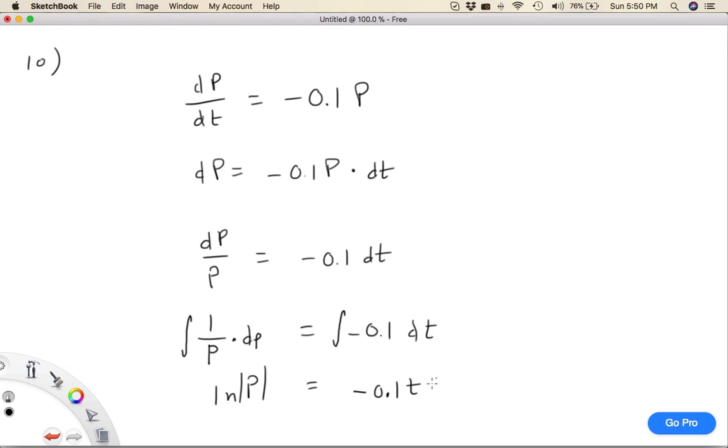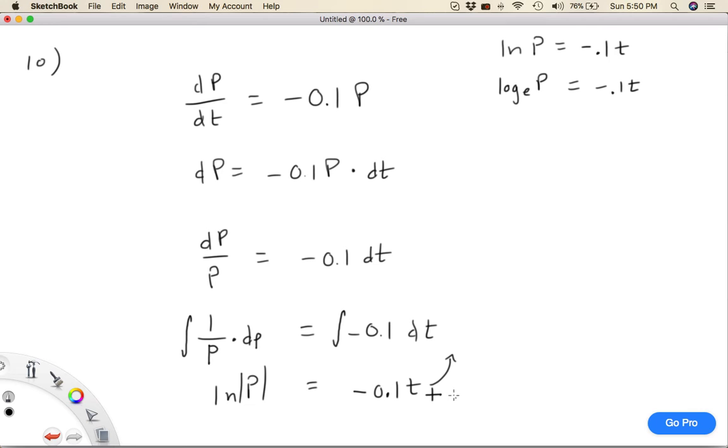Okay, I'm going to go back up to the top. So we have ln of p is equal to negative 0.1 t. Now this is actually a log base e of p equals negative 0.1 t. Ooh, you know what? I forgot the constant. There should be a constant on one side or the other. You don't really need two constants, even though we did two integrals.